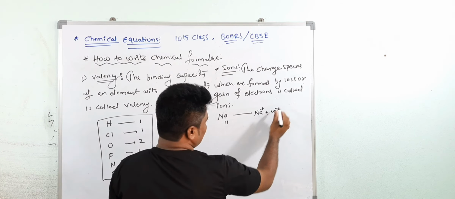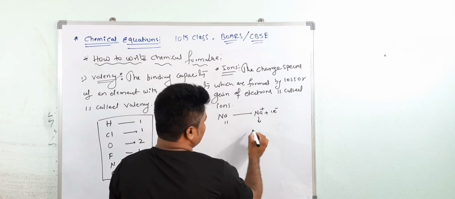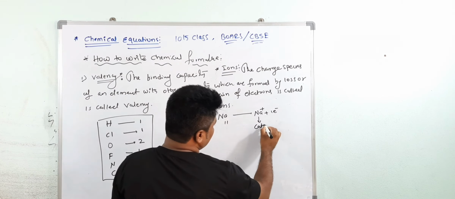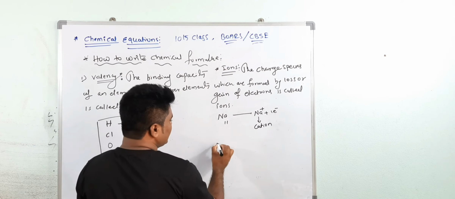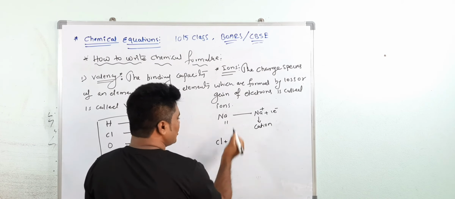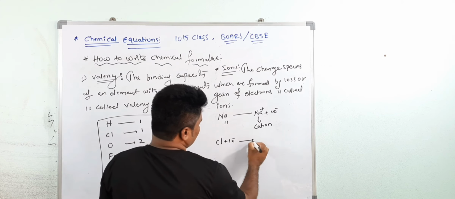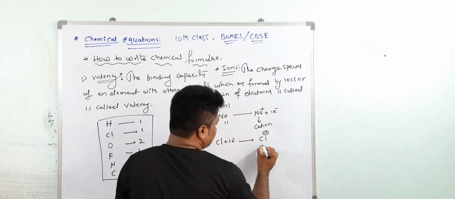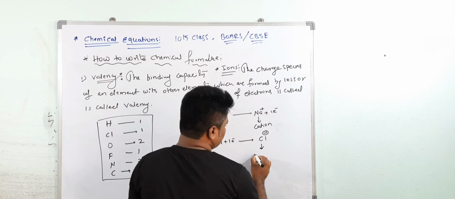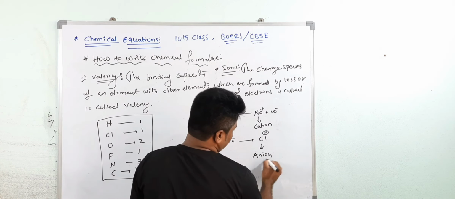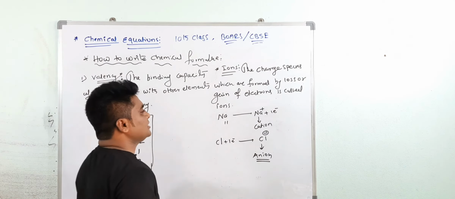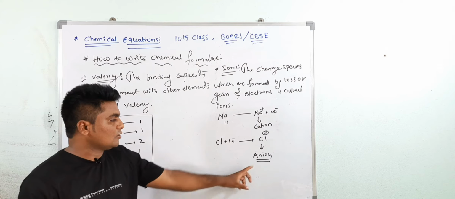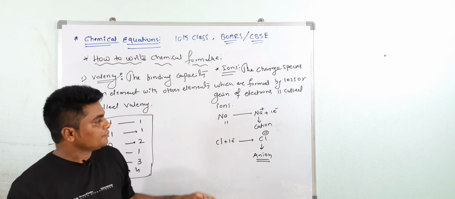This positively charged ion is known as a cation. If chlorine gains one electron, it becomes a negatively charged ion, known as an anion. Positively charged ions are cations and negatively charged ions are anions. Okay, write down.